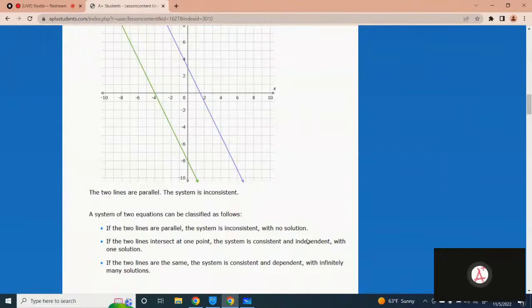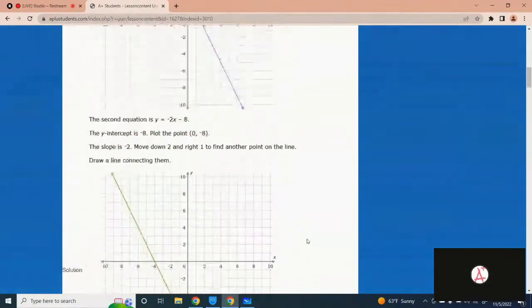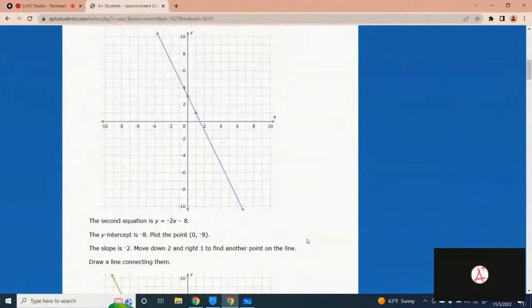Okay, let's start with an example. Let's do the example on the board. Okay, let's start with the same example. I'll do it on the board.